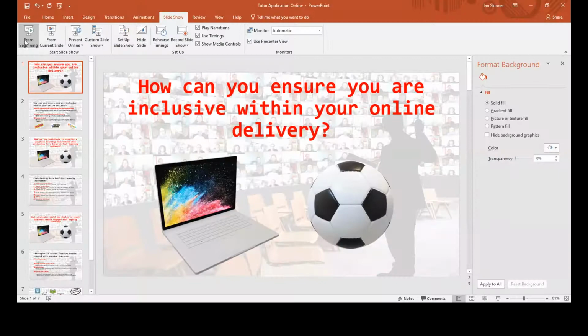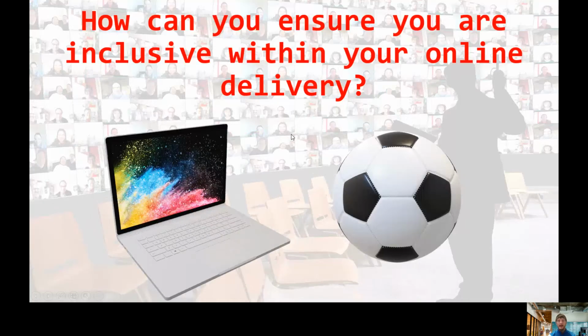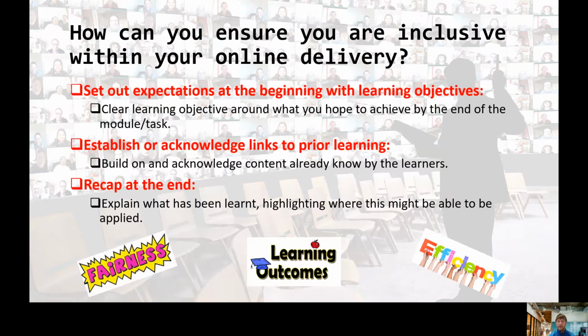If I just share my screen with you and my presentation. So how can you ensure you are inclusive within your online delivery? We'll set out expectations at the beginning with clear learning objectives around what we hope to achieve by the end of the evening session, and then as we move through the session we'll break that down into sub-objectives.